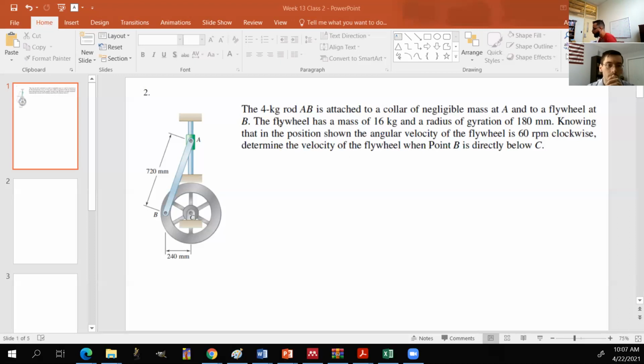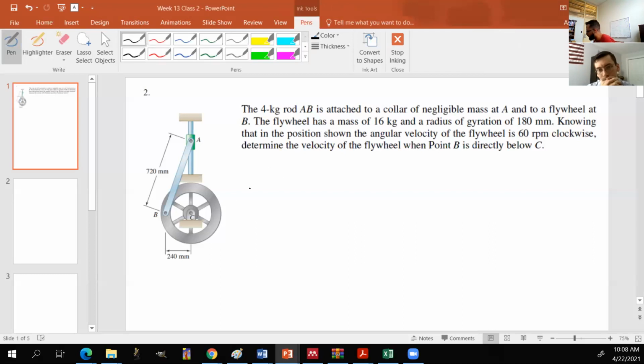So here, you've got a 4-kilogram rod AB, which is attached to a collar of negligible mass, and it's frictionless. This moves up and down. We're assuming that, even though the problem doesn't say that. And you're told that the flywheel has a mass of 16 kilograms and a radius of gyration of 180 millimeters. That basically means that the rotational moment of inertia of the flywheel is equal to mk squared, where that's just the mass times the radius of gyration.